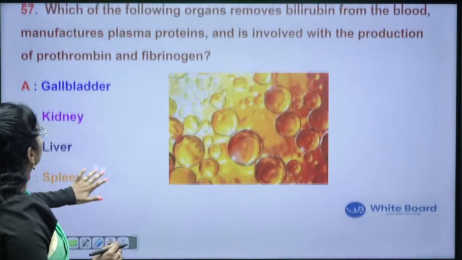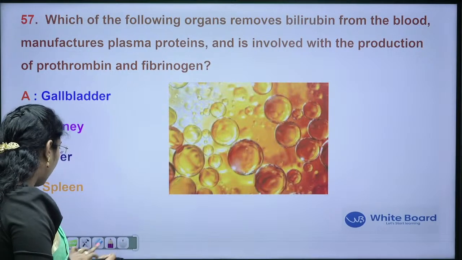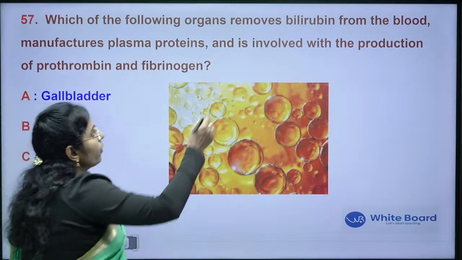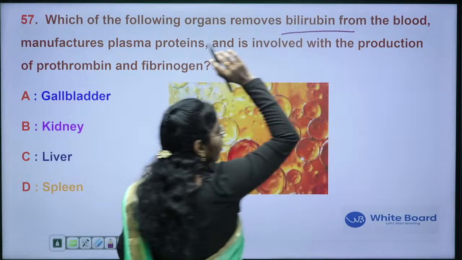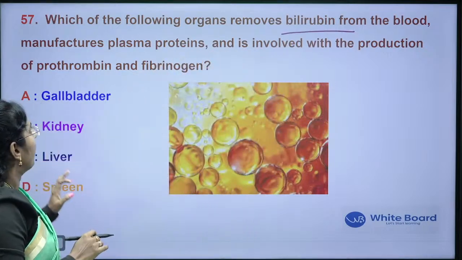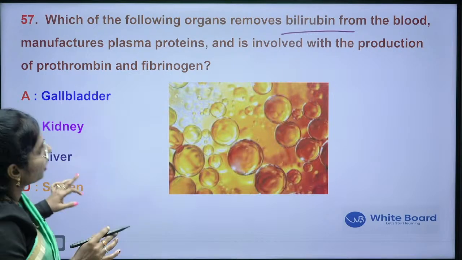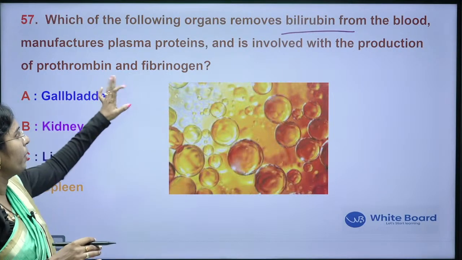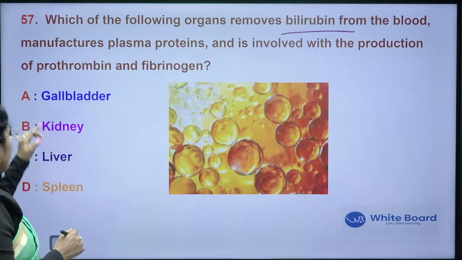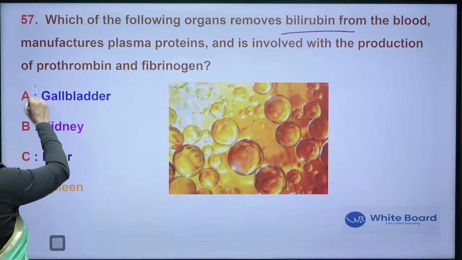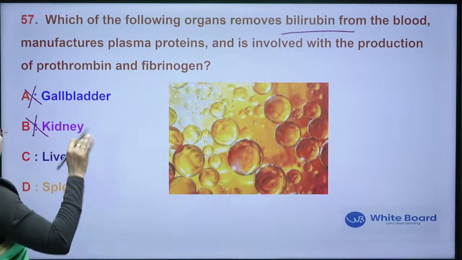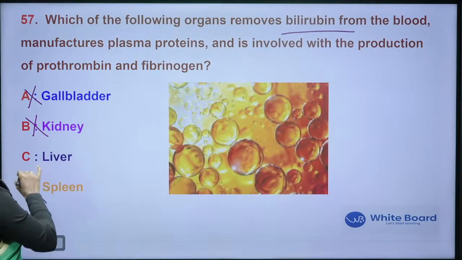Next question: which of the following organs removes bilirubin from the blood, manufactures plasma proteins and is involved with the production of prothrombin and fibrinogen? Here they have given gallbladder. No, it's wrong. Next, kidneys, that is an excretory system. Next, spleen, that is also wrong.